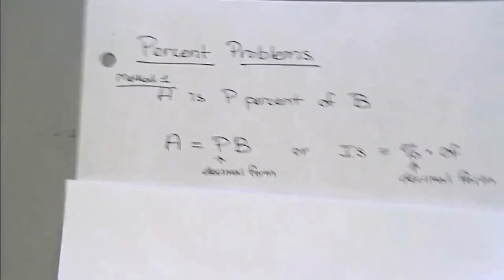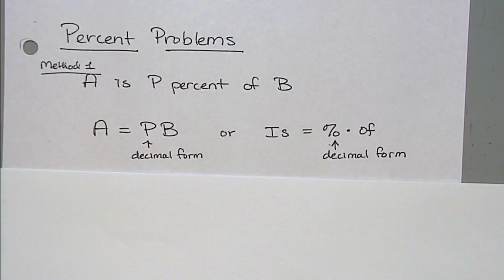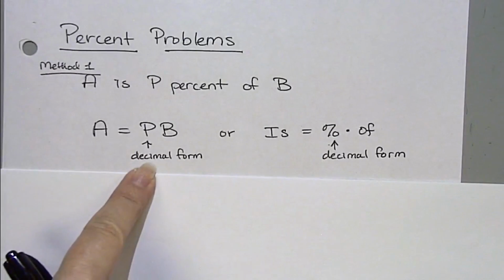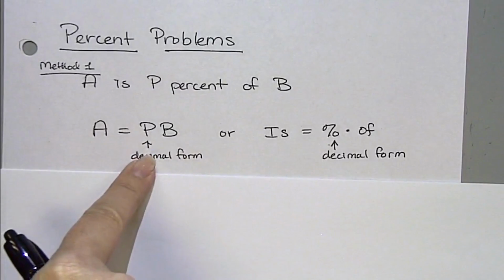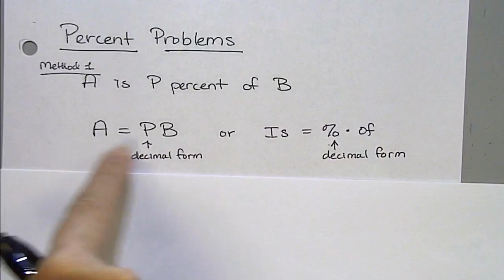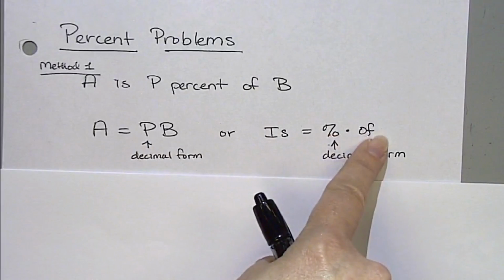And so this method 1, which the book gives you, if the question is in this format, A is P% of B, well then you can form an equation of A equals PB. This is what the book shows, A equals PB. This is what I learned growing up. Okay, it's really the same equation, but the is equals the percent times the of.